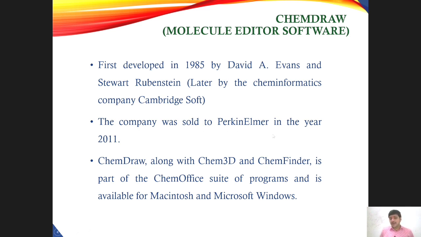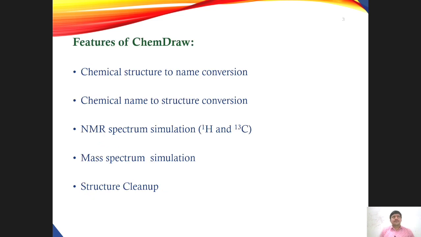It means nowadays CHEMDRAW is available with the Perkin-Elmer company. CHEMDRAW, Chem3D and ChemFinder are all part of the Chem Office suite of programs which was provided by Perkin-Elmer company.